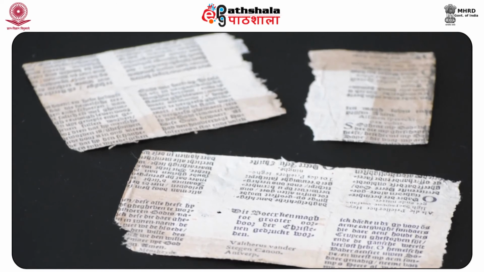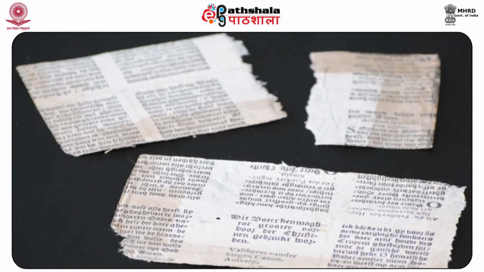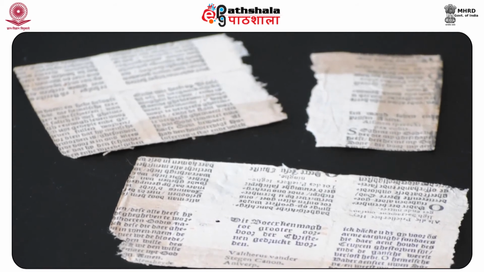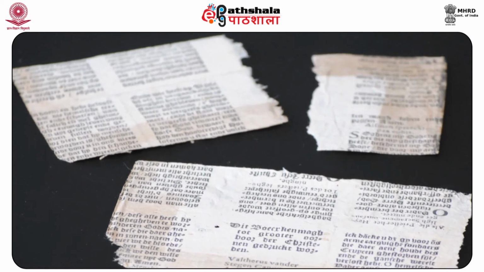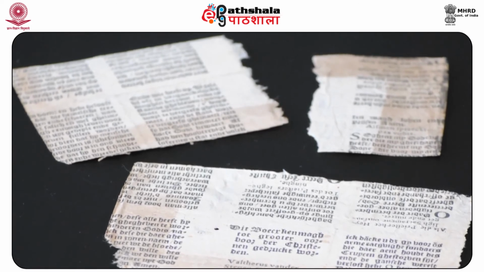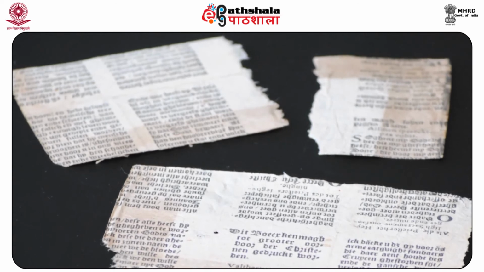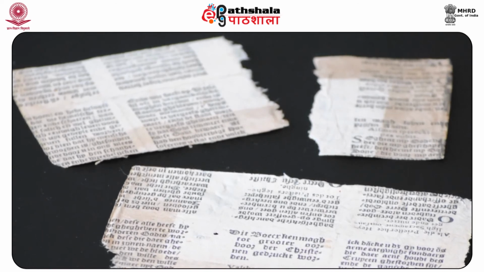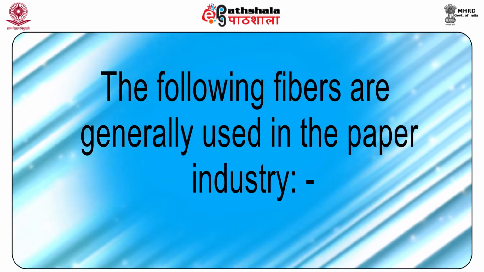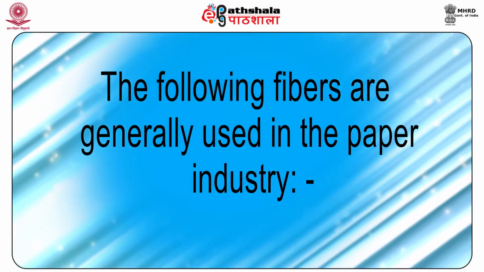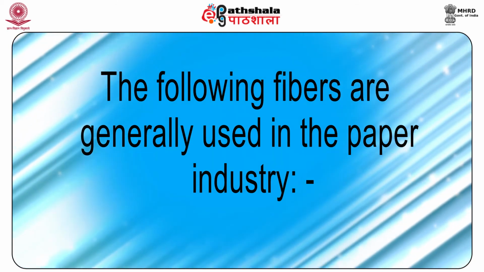Once the fibers get separated, they are placed on the slide and then a small drop of Herzberg's reagent is added to it. This prepares the fibers on the slide for microscopic examination. The following fibers are generally used in the paper industry.